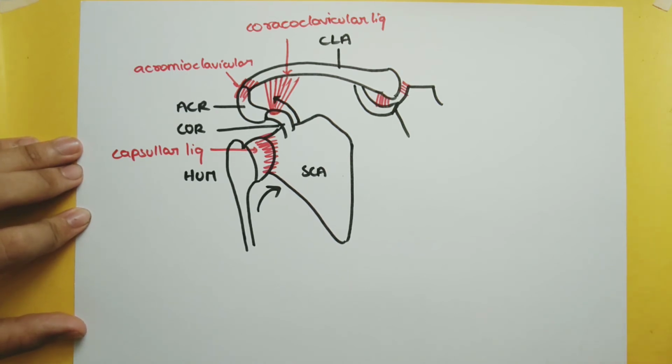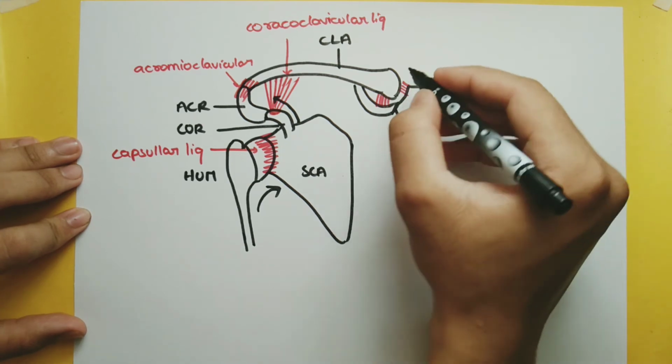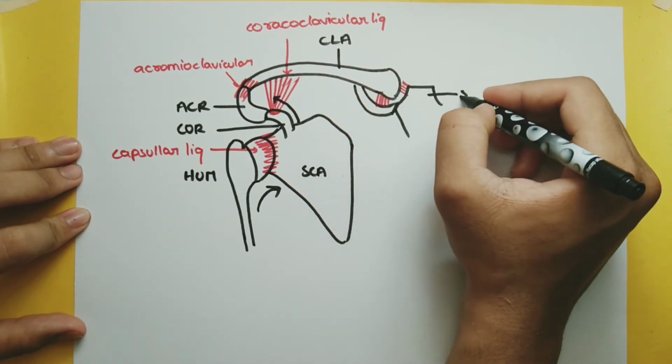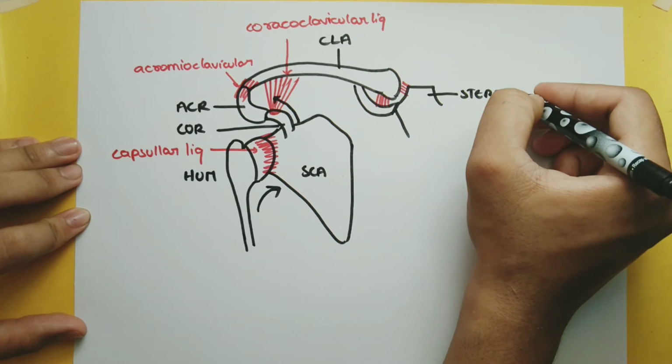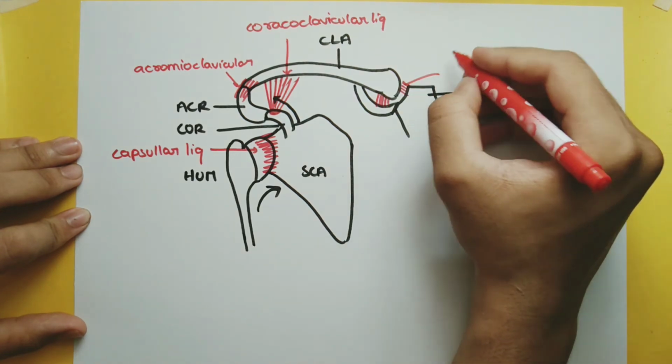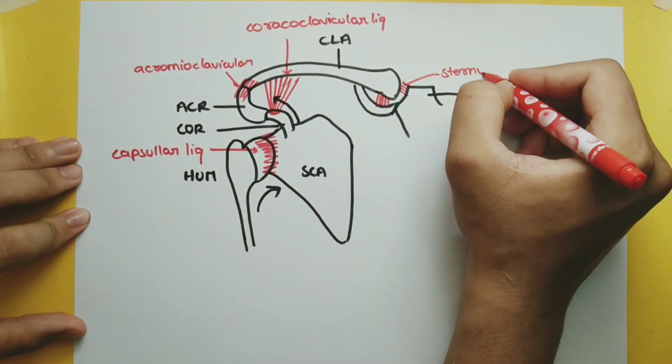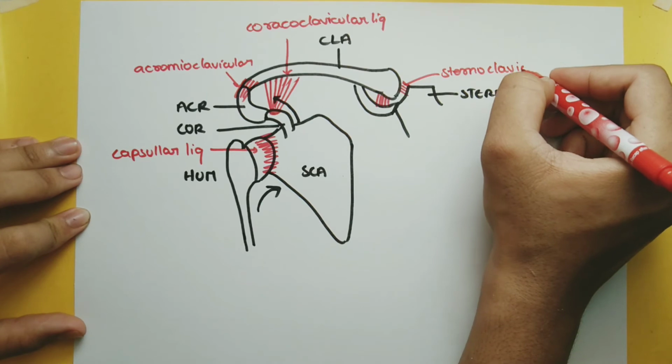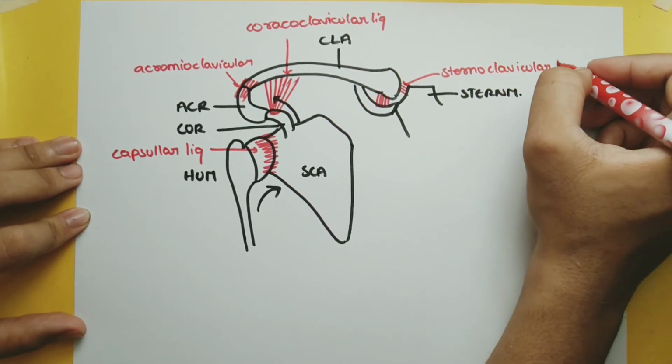This is the main ligament for the weight transmission. And next the weight is transferred from the clavicle to the sternum. The ligament is the sternoclavicular ligament.